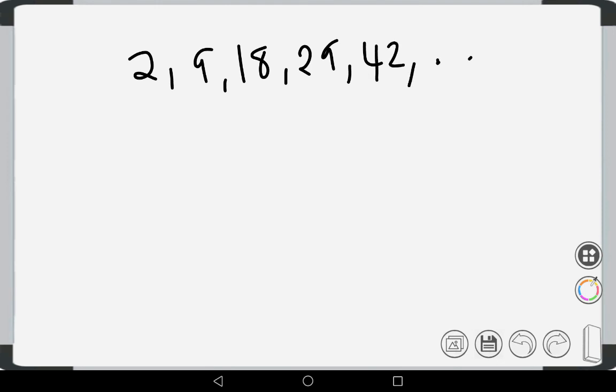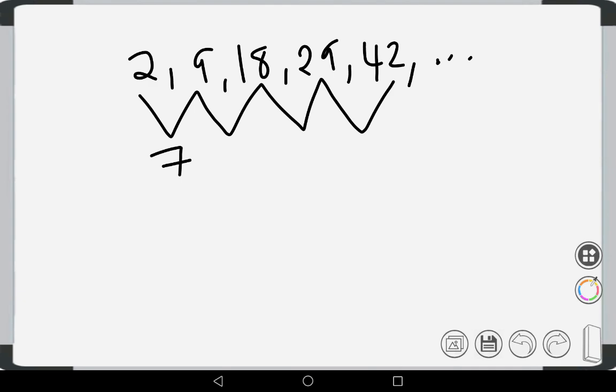Let's say we have 2, 9, 18, 29, and 42, and then going upwards. Now if we calculate the first difference: 9 minus 2, we get 7. 18 minus 9, we get 9. 29 minus 18, we get 11. And 42 minus 29, we get 13.